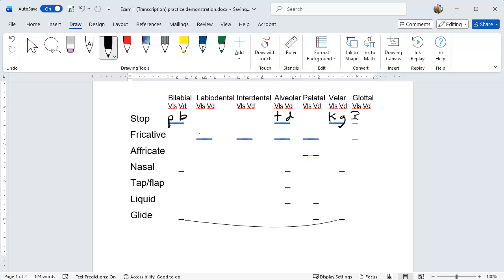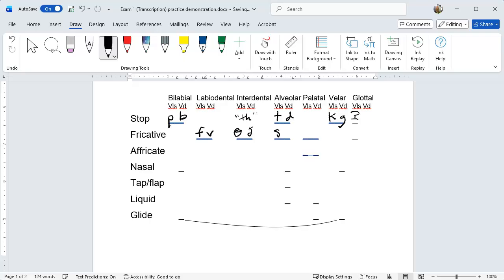In the fricatives, we have F and V, which are familiar, but then we have our theta and our eth, which are our two different TH sounds. The one on the left with no phonation, to use the anatomy term, the one on the right with phonation, and those are some of the challenging ones.